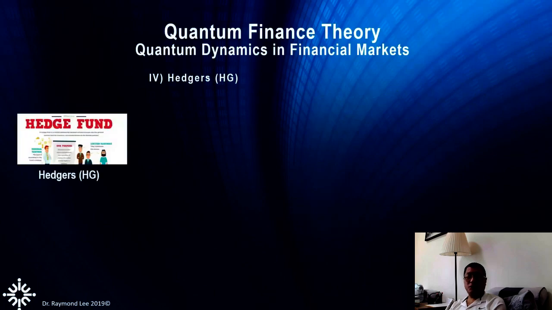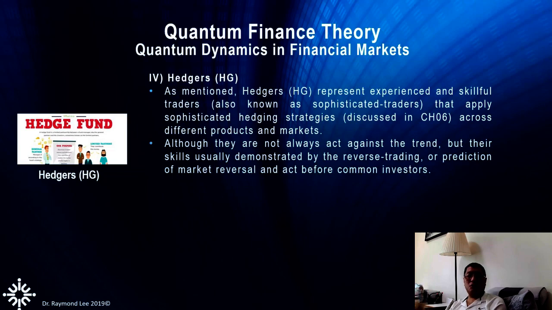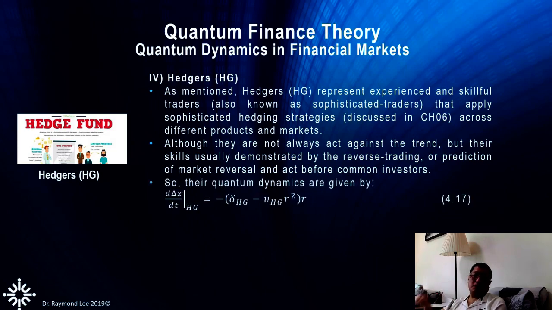Hedgers. Remember, hedgers are investors with a very high sense of vorticity. Although they are not always against the trend, most of the time they are, because they are doing the hedging. So the dynamic is something like this.